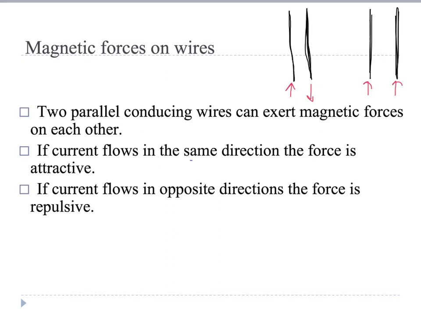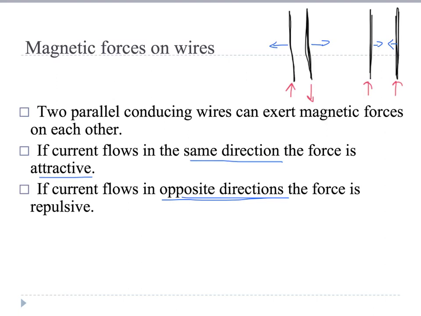Anytime the current flows in the same direction, the force is attractive. So these two, the current is flowing in the same direction, so the force will actually draw these wires together, because remember, they're generating these magnetic fields, so there is going to be some interaction. If, however, the current is flowing in opposite directions, then the force is repulsive. So these two wires will want to move away from each other.